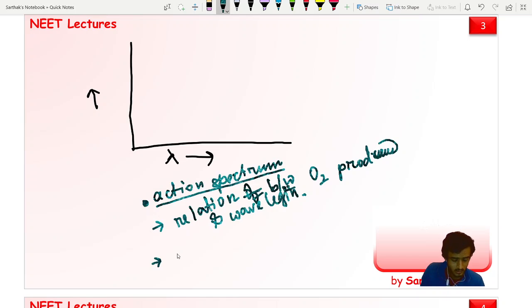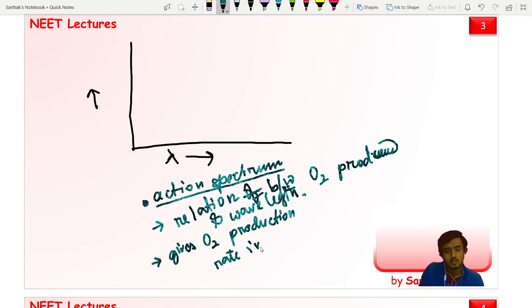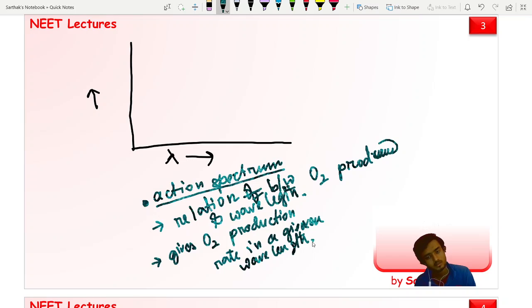So what is the function of action spectrum? Action spectrum gives the O2 production rate in a given wavelength.